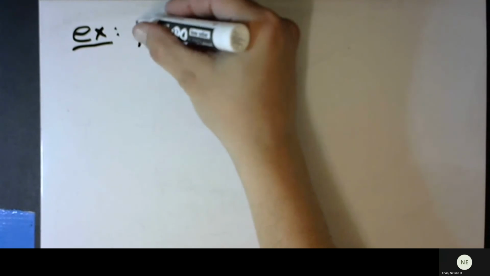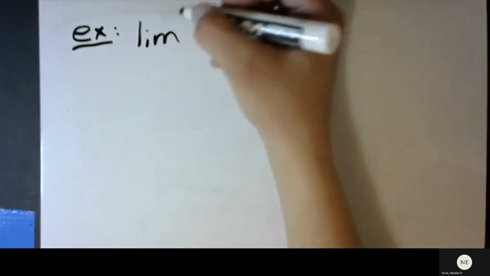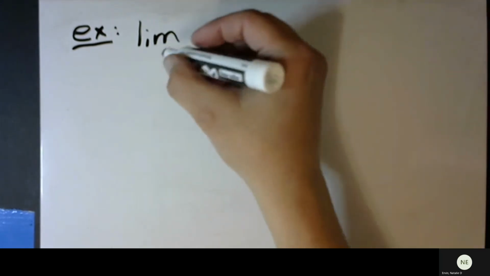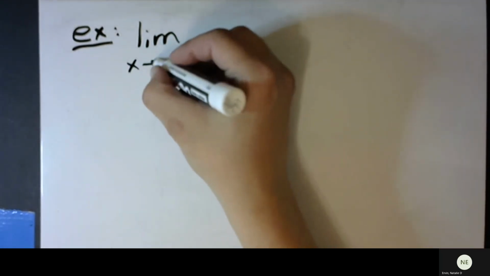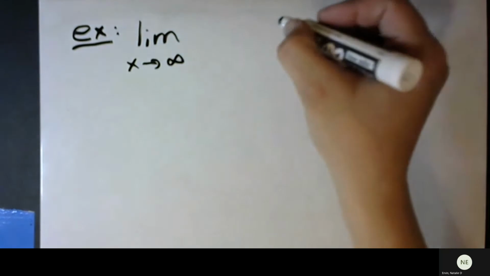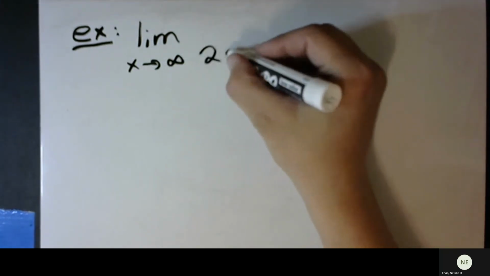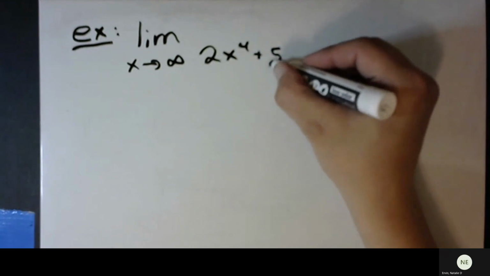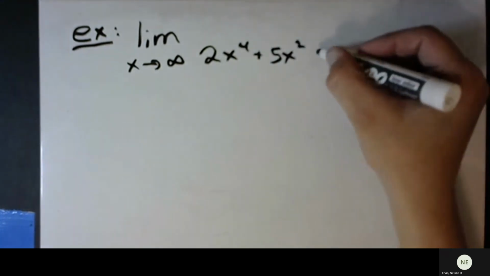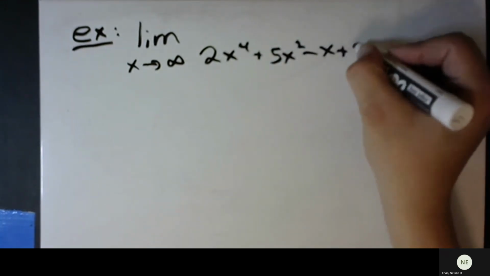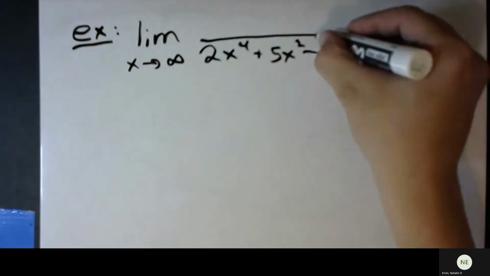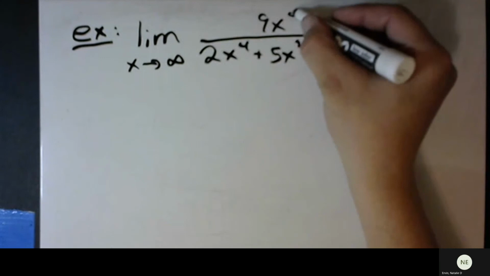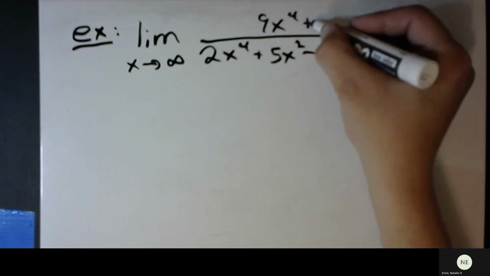Let's say we have the limit as x goes to infinity of 2x to the fourth plus 5x squared minus x plus 6, over 9x to the fourth plus x.